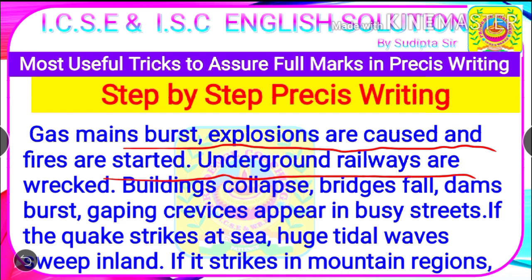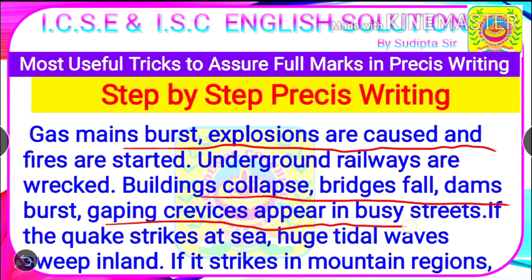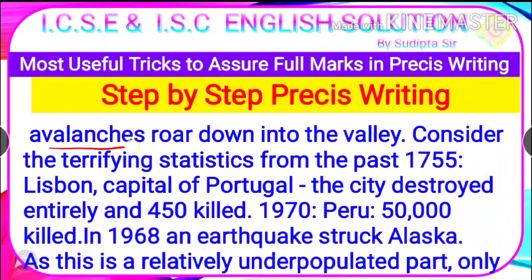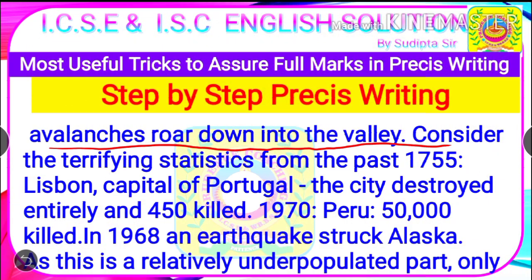Underground railways are wrecked. Buildings collapse, bridges fall, dams burst, gaping crevices appear in busy streets. If the quake strikes at sea, huge tidal waves sweep inland. If it strikes in mountain regions, avalanches roar down into the valley.